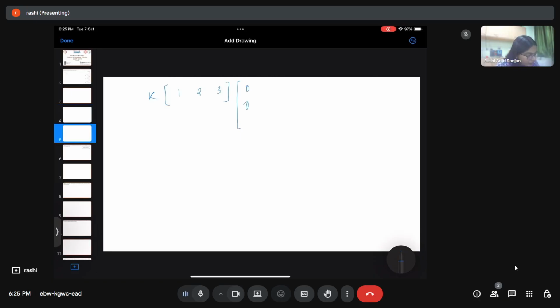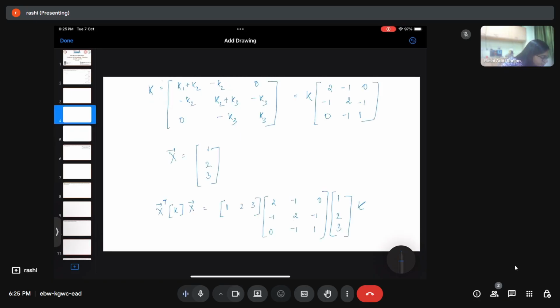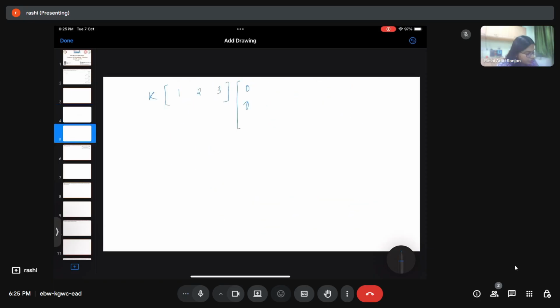And only the last element is going to be there, which will be 3 minus 2, 1. So this will give us the numerator as 3K.